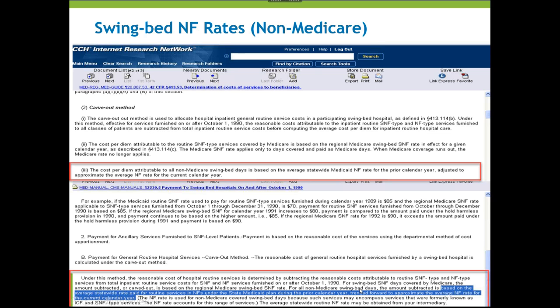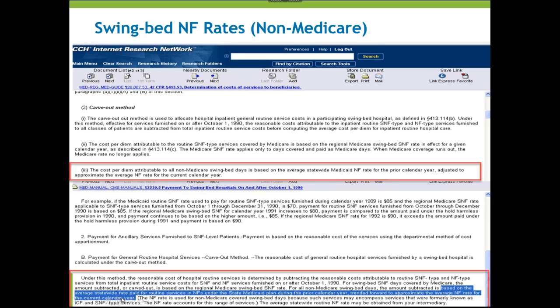For all non-Medicare swing bed days, the amount subtracted, or the amount carved out, is based on the average statewide rate paid for routine services in nursing facilities under the state Medicaid plan during the prior calendar year, trended forward to approximate the average NF rate for the current calendar year. Trended forward is another word for updated or inflated or adjusted. And the key word here is it's approximating the average NF rate for the current calendar year.